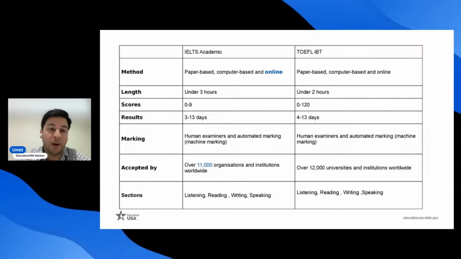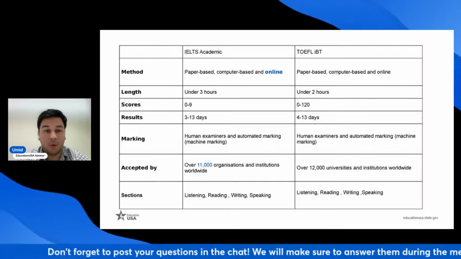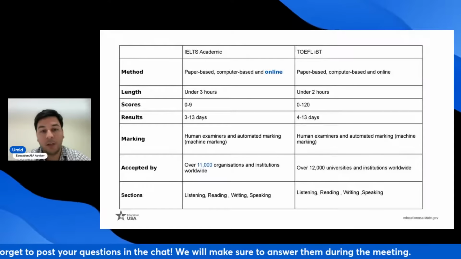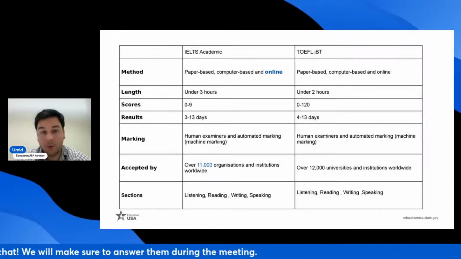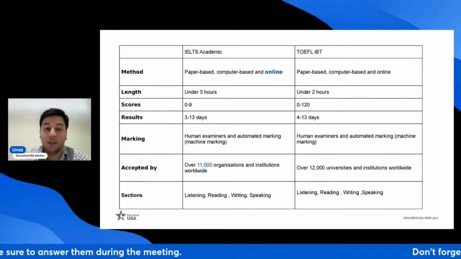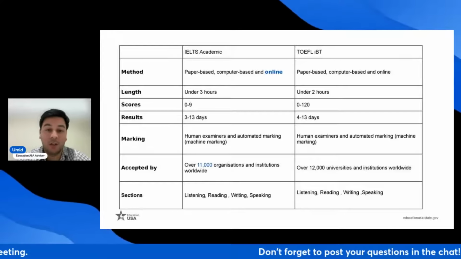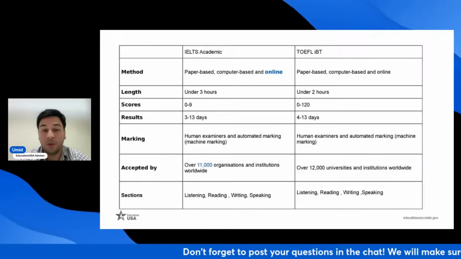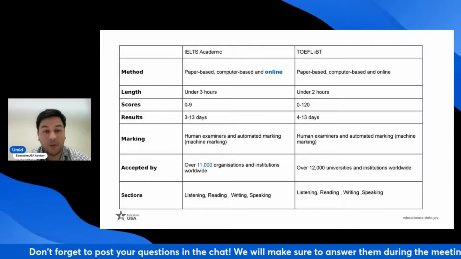The length of IELTS is under 3 hours, and TOEFL is under 2 hours. The lowest score in IELTS is 0, and the highest is 9. For TOEFL, the lowest score is 0 and the highest is 120. Results for IELTS you can get from 3 to 13 days, and for TOEFL from 4 to 13 days, depending on the test format that you have chosen.